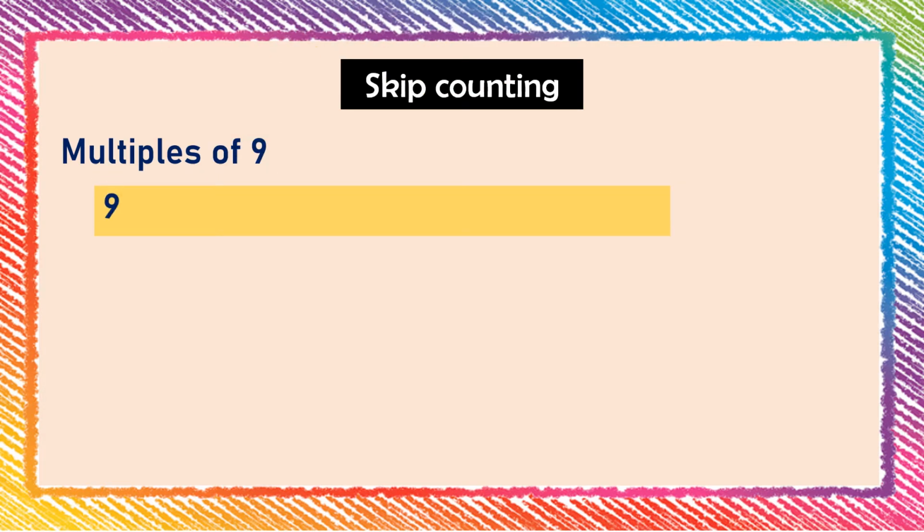Memorizing the times table can also help in getting the multiples of numbers. We can also get the multiples of numbers when we skip count. For example, if you want to get the multiples of 9, just skip count by 9, like 9, 18, 27, 36, 45, 54, 63, 72, and so on.